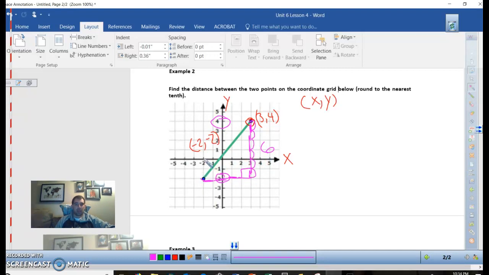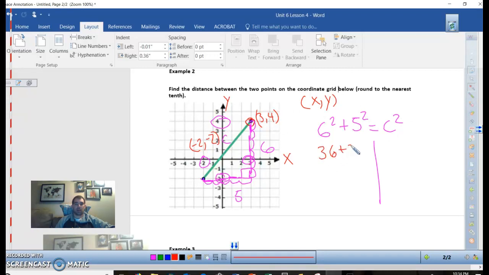We're going here from -2 to 3. So that's 5 units. 1, 2, 3, 4, 5. So our two legs are 6 and 5, and we're missing our hypotenuse. So we have 6 squared plus 5 squared equals c squared. I know 6 squared is 36.